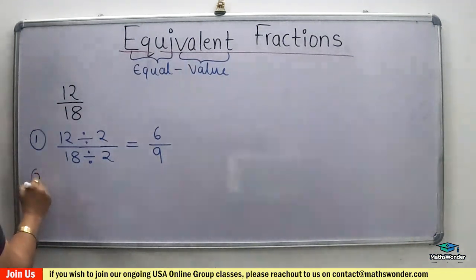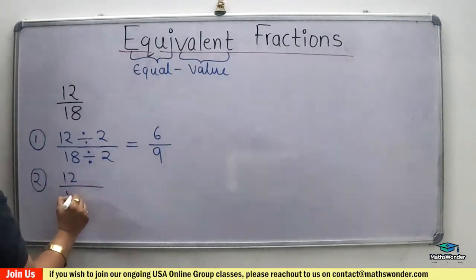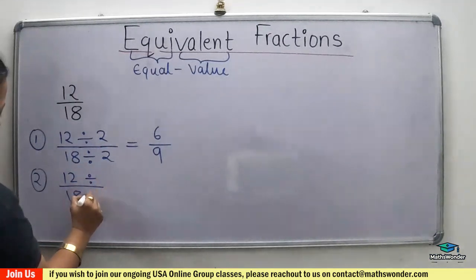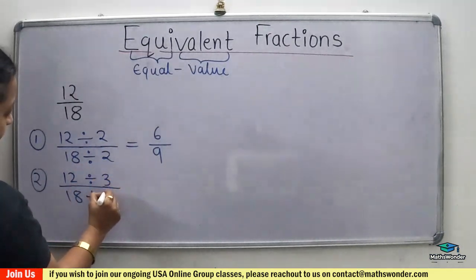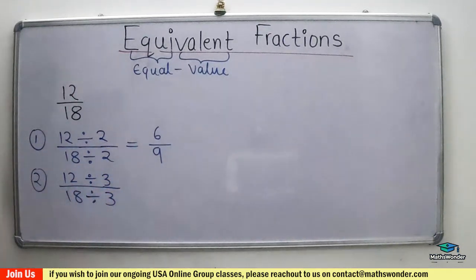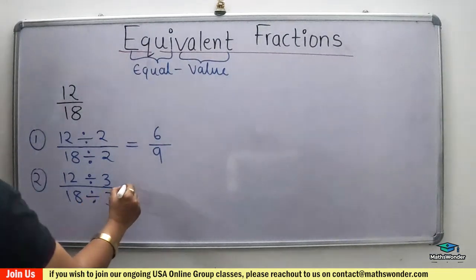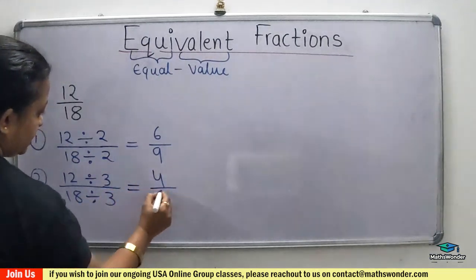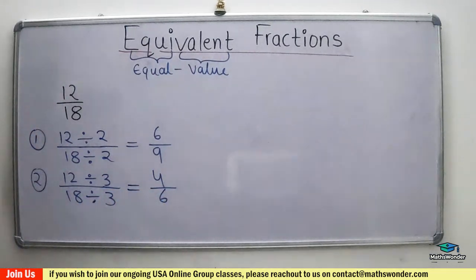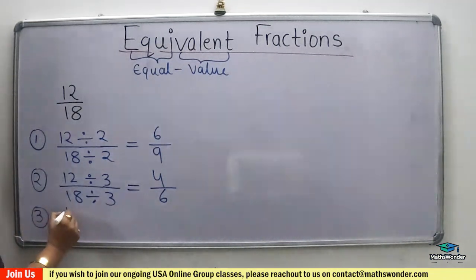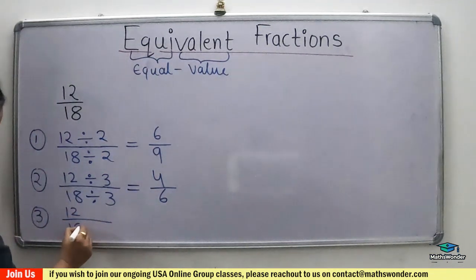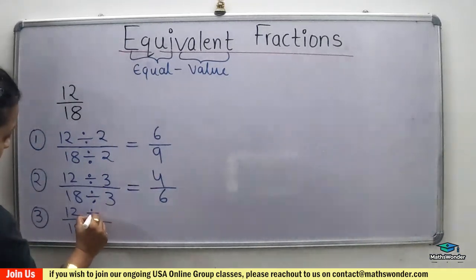The other equivalent fraction, how will you find it? You will divide by any common number. 3 also divides both 12 and 18, right? So when you divide, you will get 4 over 6. For the third equivalent fraction we are finding, if possible, then definitely you will find it. So 6.